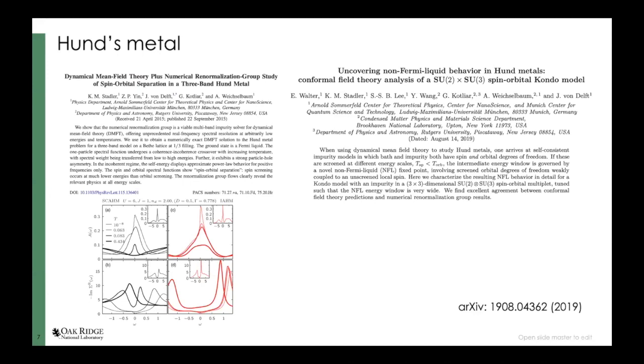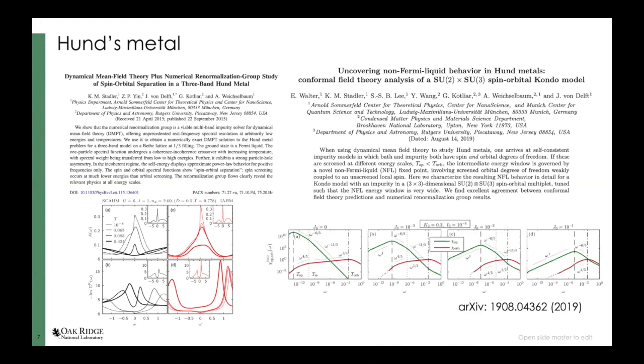The last one is more like a pure mathematical analysis, a CFD analysis of the model. So they can extract the exponent, how the local spin susceptibility changes at different energy scales. That basically clarifies the Hund's metal picture: if you imagine naively, you have an orbital coherence temperature and a spin coherence temperature.